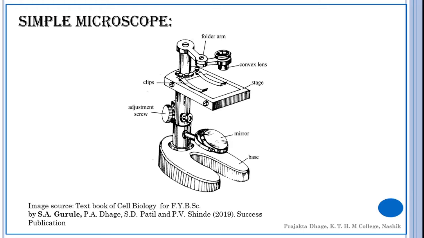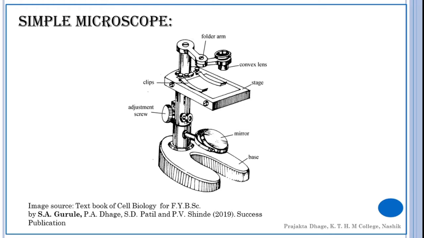The convex lens magnifies the object and produces a magnified image of a near object, which appears to be at a distance of distinct vision. The enlarged image is formed on the retina. It shows the details which cannot be seen with the naked eye.